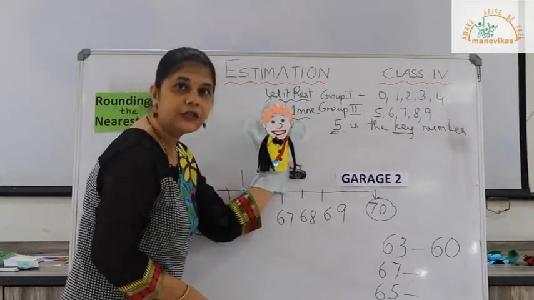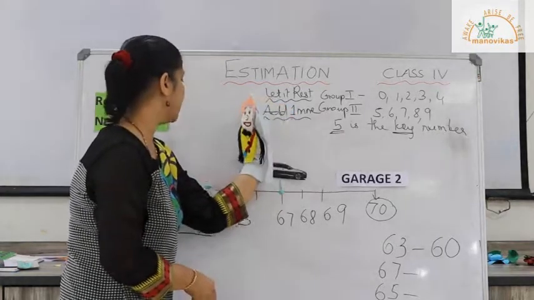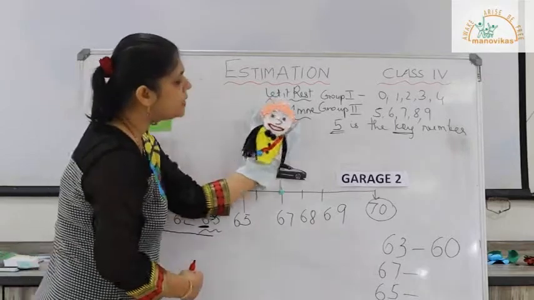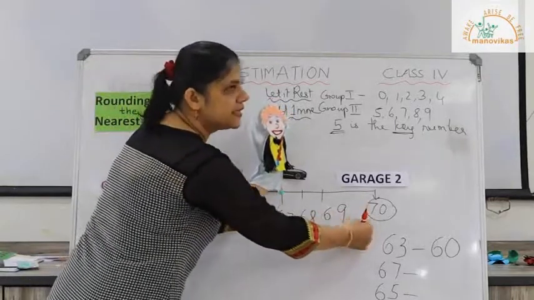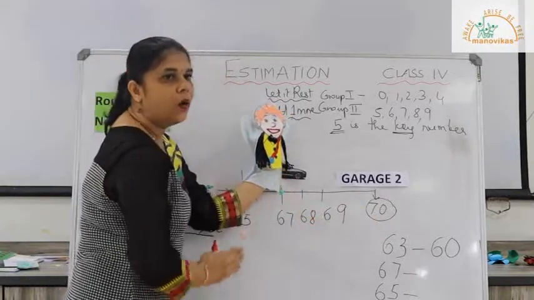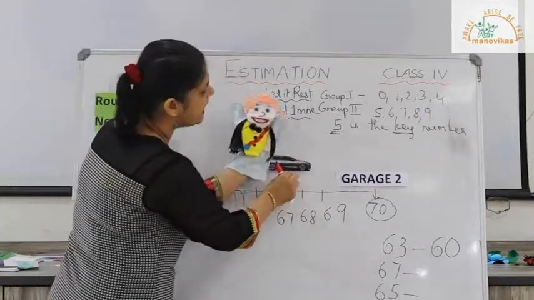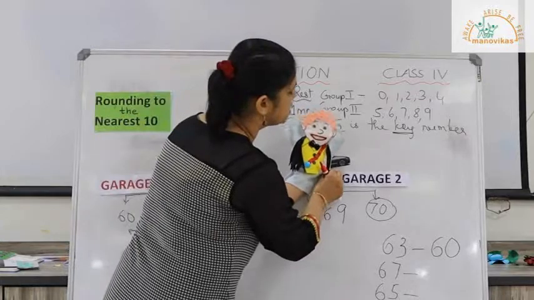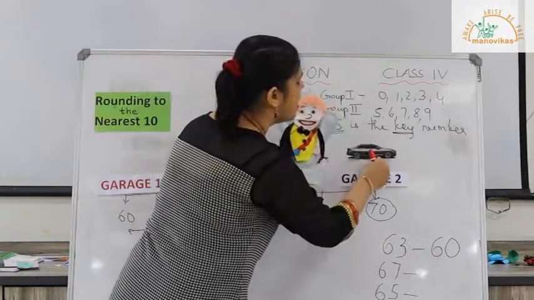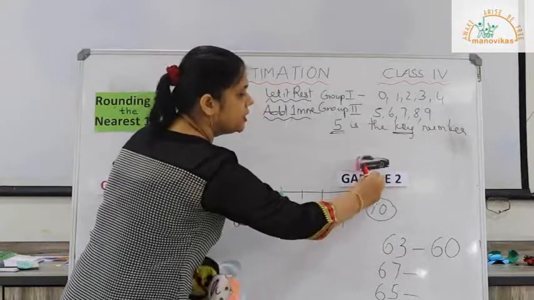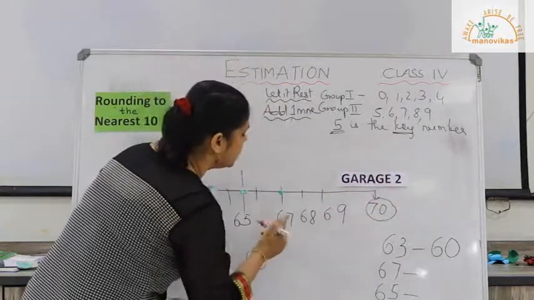Now again Tinku finds there is a garage, garage number 1 at number 60 and garage number 2 at number 70. So now again Tinku finds that the garage at number 70 is the closest. So he pushes his car and gets it to garage number 70, which is the closest to number 67.